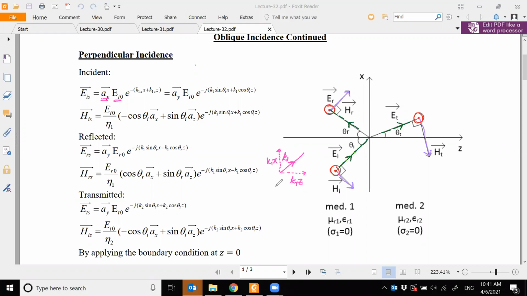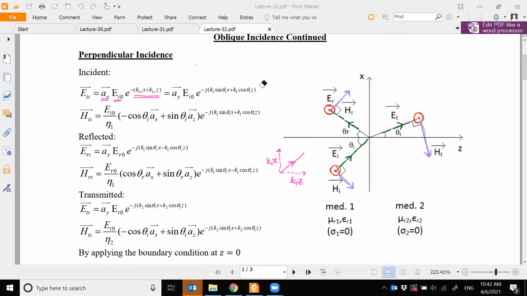If this is my K bar dot R, which is this direction, it has only X and Z. So that's why it is K1X times X plus K1Z times Z. Clear? I'm now decomposing my direction of propagation.